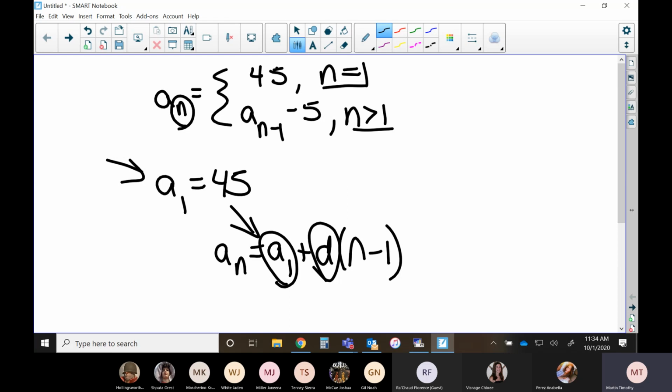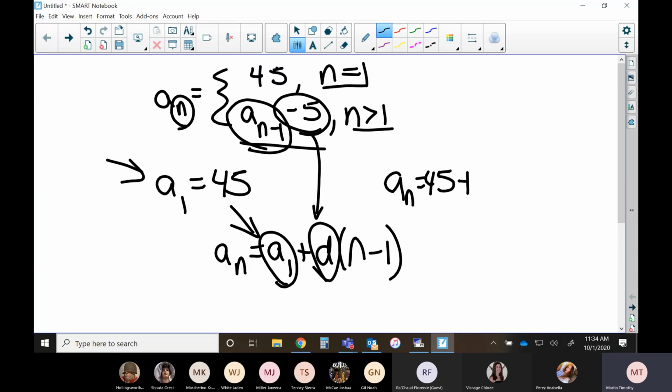The other thing is, this is the recursive. The recursive says you always use the term in front of it, and then you add the common difference. So what's my common difference right here? -5, which is what's going to go right here in that place. So I'm going to look for A_n equals 45 plus, actually, -5 times n minus 1.